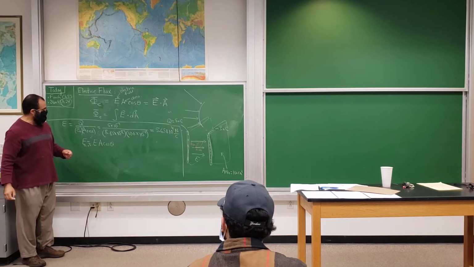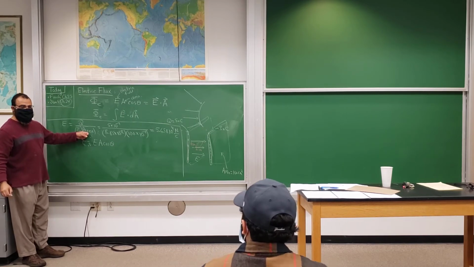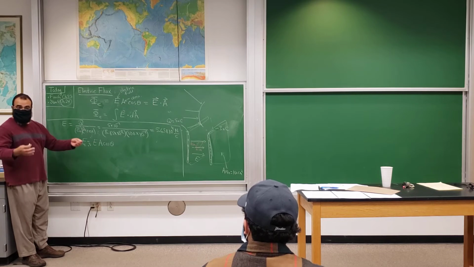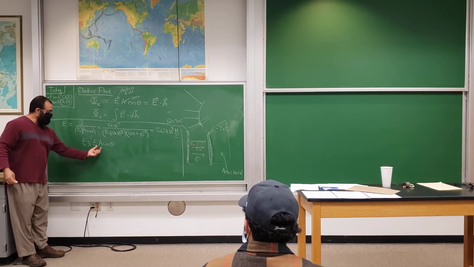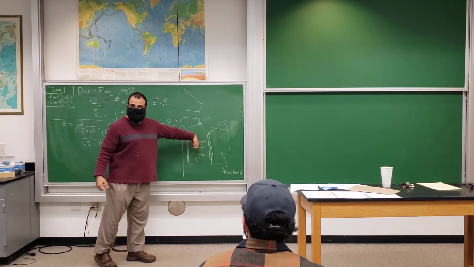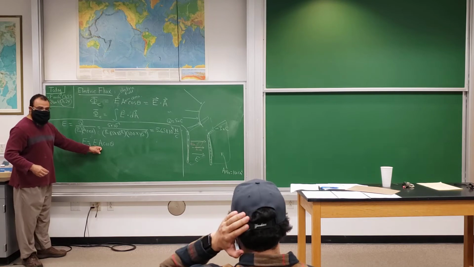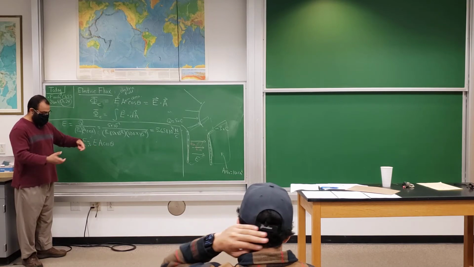Can you tell why I avoided using the symbol capital A here? You have 2 areas. Yeah, I have 2 areas. I have the area of the plates, and then I have the area of the surface that I have placed between the plates so that the electric field will go through. And it would have been confusing, probably. So that's why I reserved this one for the area of the little square.